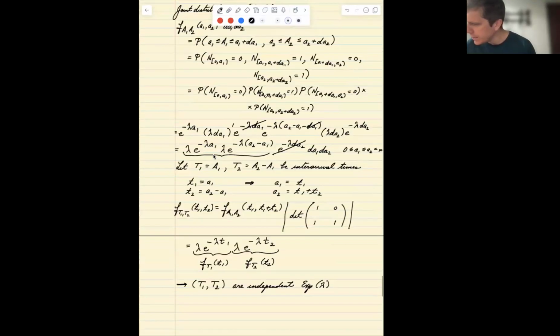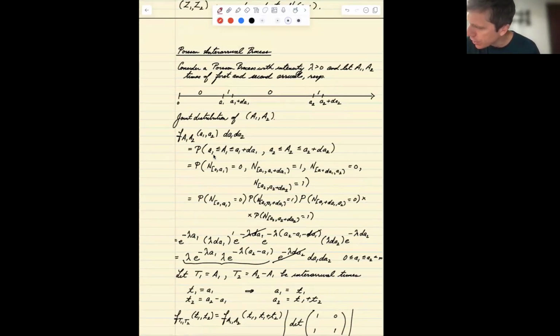So once the first arrival occurs, everything after it looks like an independent copy of the original Poisson process. If we ignore everything before time A1 and assume the process starts over, then the second arrival in the big process, the first arrival in the new process, has an exponential lambda waiting time.